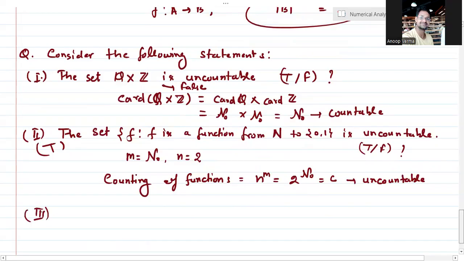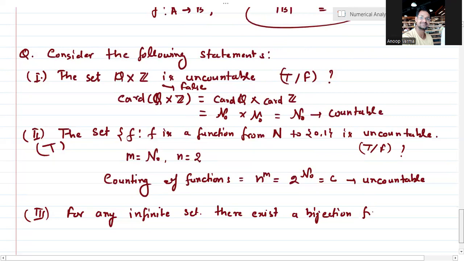Another statement is here: for any infinite set, there exists a bijection from the set to one of its proper subsets. What is the meaning of proper subset?